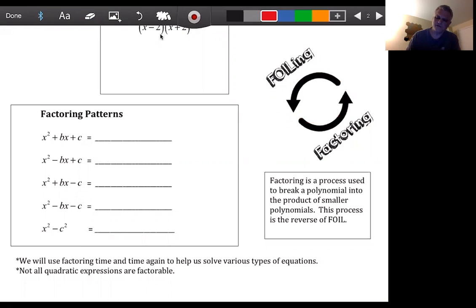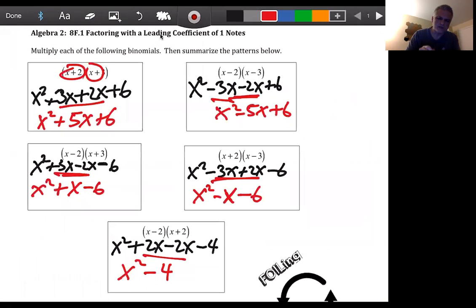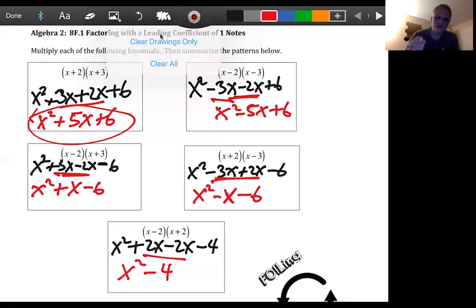Factoring is a process that breaks a polynomial down into smaller polynomials. So with FOIL, here were the small polynomials, the binomials. We multiplied them together to get the bigger one. Well, we're going to do just the opposite.